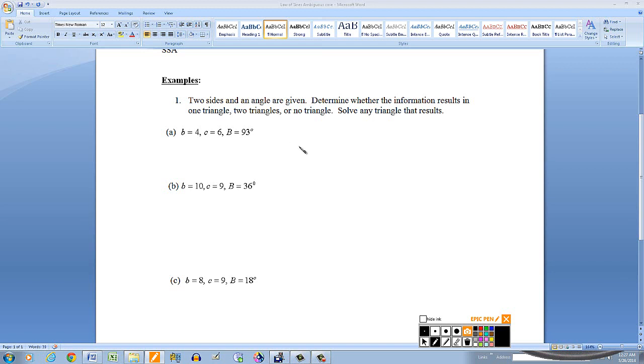So it makes sense that we should write this as the sine of angle C divided by the length of the opposite side, which is little c, which is given to be 6 units. That in turn should equal the sine of any other angle. Obviously you want to use the angles that are given, so that's 93 degrees.